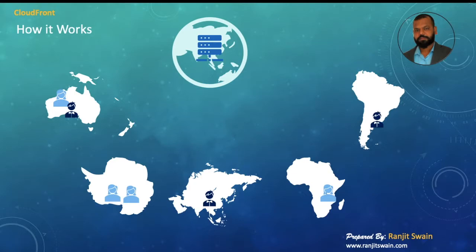Whenever a user tries to connect from a different location to the server, and the content they get could be your web page, or they are trying to see videos, or download images or any data from that server, the latency will be more, right? It will take some time to download and view the content.